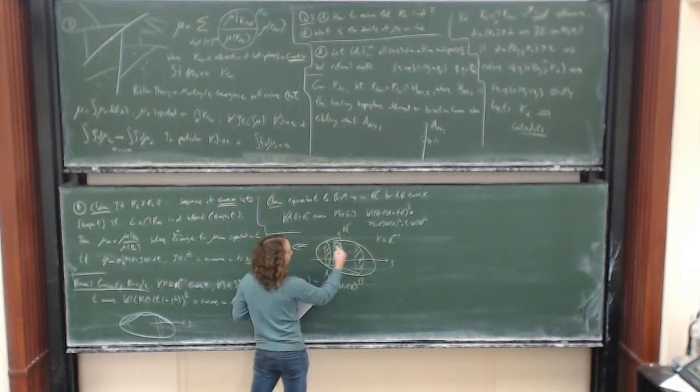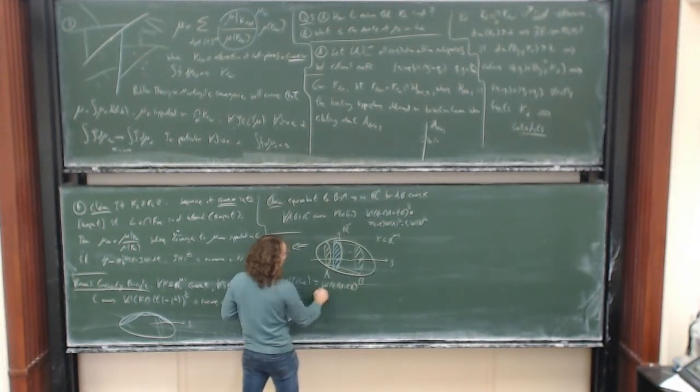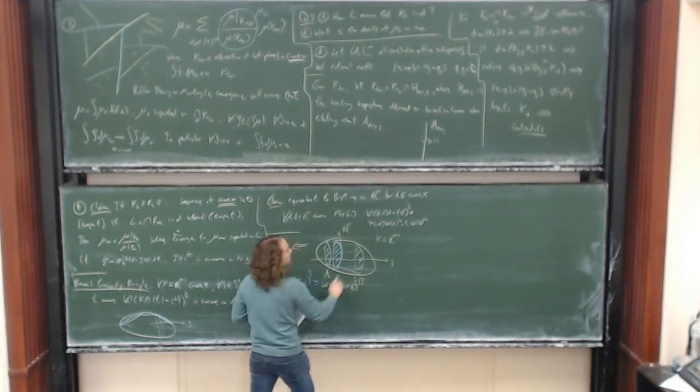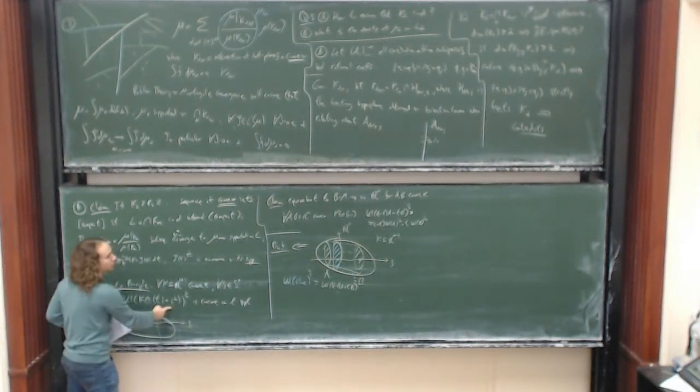If I take the convex hull of A and B, what I get here is exactly (1 minus t)A plus tB. So it contains that, but this guy is exactly bigger than these two guys, giving me the concavity here.